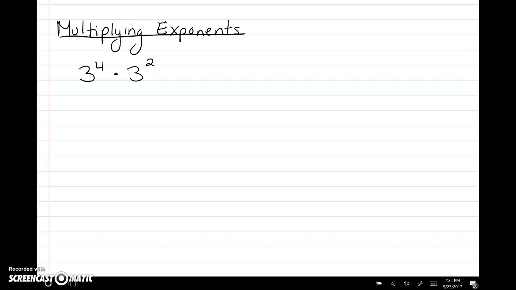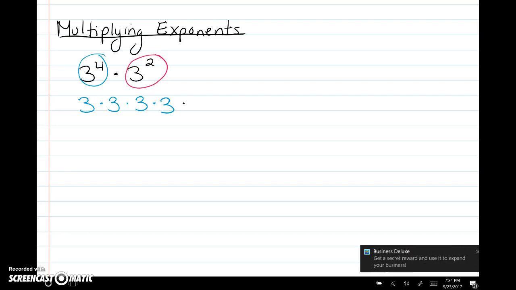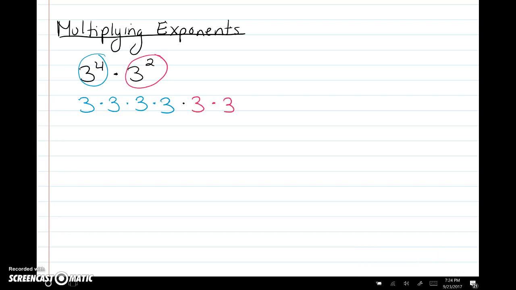Now, 3 to the 4th can be written as 3 times 3 times 3 times 3. And 3 to the 2nd can be written as 3 times 3.